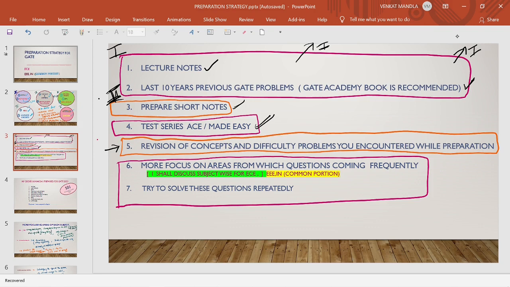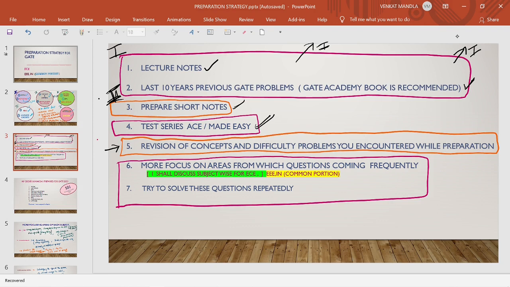You will get concepts from your short notes, but what about the difficult problems you encountered while preparing? While preparing in the first block, you have to keep a record of some difficult problems that you encountered.